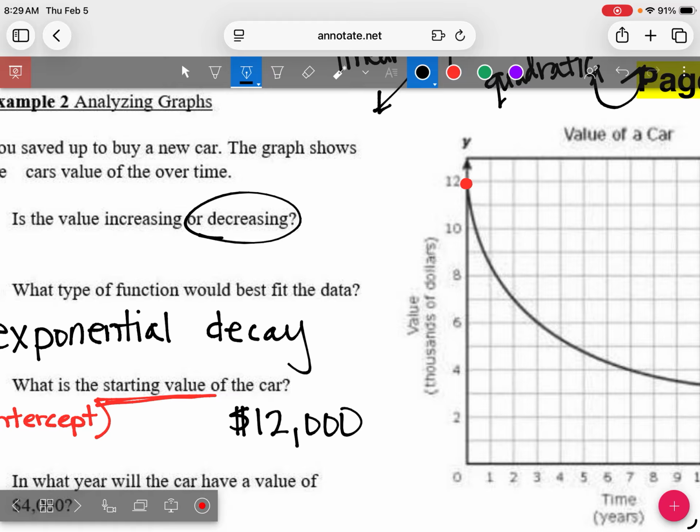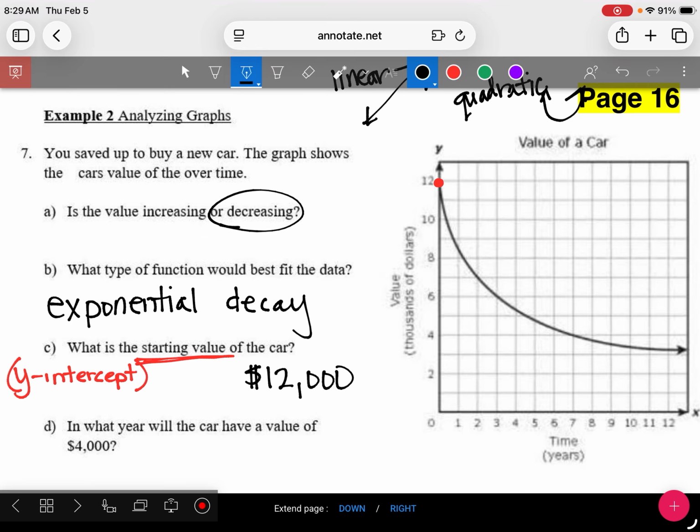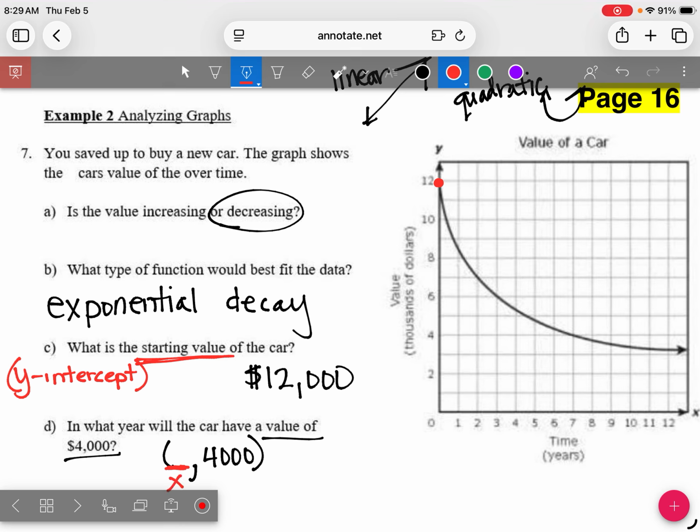Now it says, in what year will the car have a value of 4,000? So what this is asking for, in an ordered pair, is the x value. What is the x value when y is 4,000? And 4,000 is the same as 4.